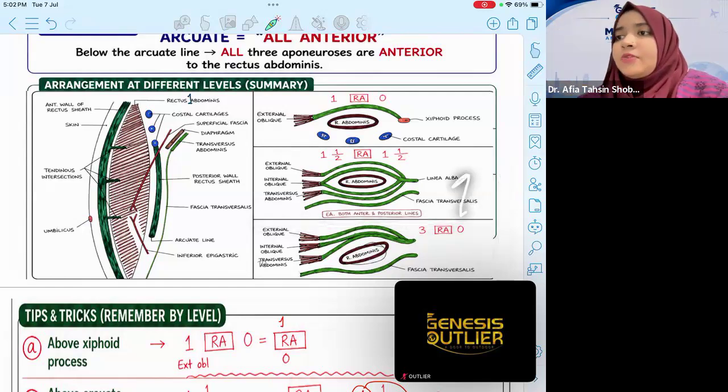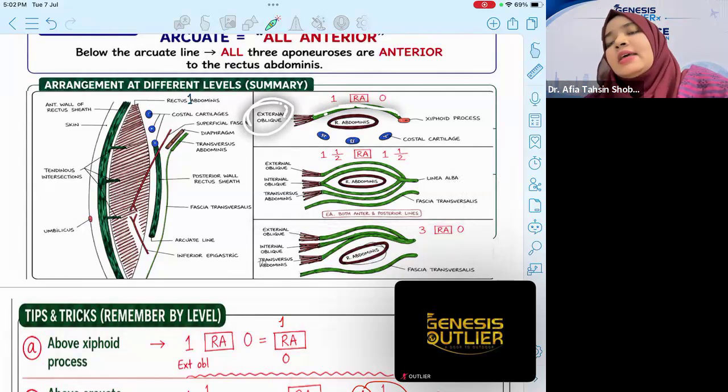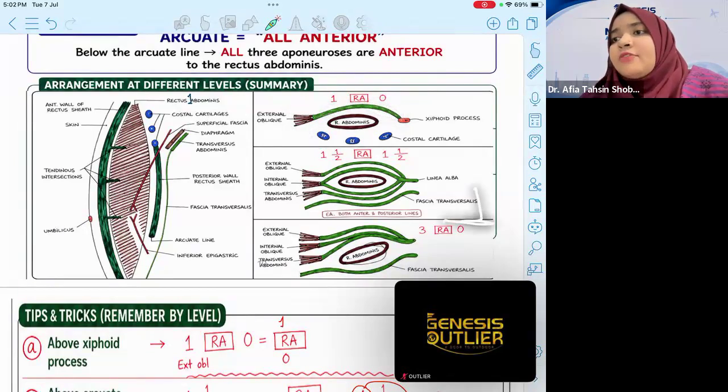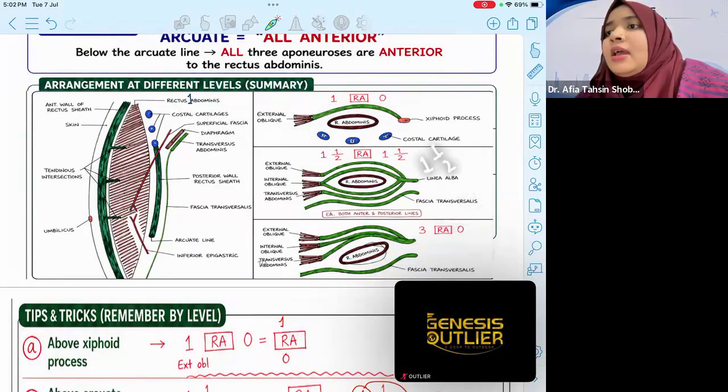In the case of above the xiphoid process, you get the external oblique aponeurosis as the rectus sheath. This is rectus abdominis muscle, and at the xiphoid process level, you get only one muscle aponeurosis. It is external oblique aponeurosis, not muscle. Be careful, it is aponeurosis. And above the arcuate line, you will get half and half.